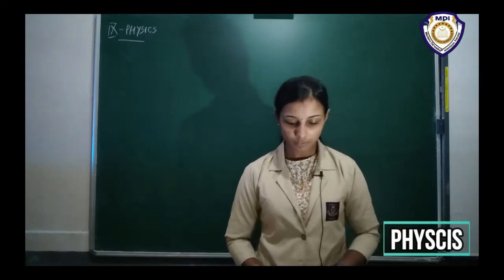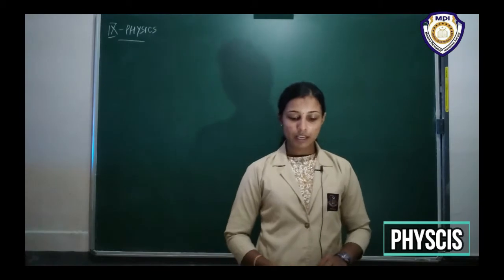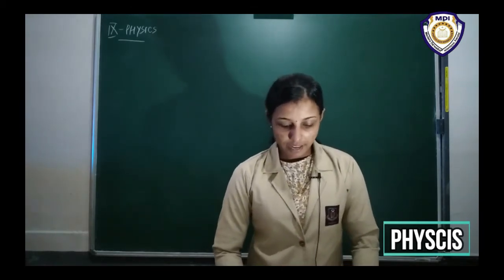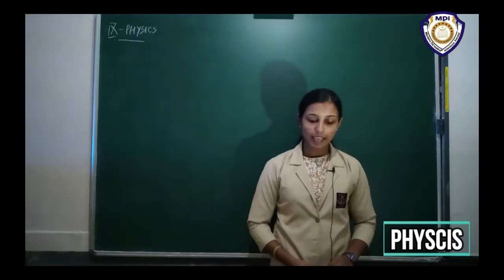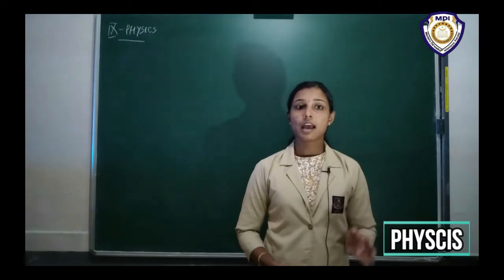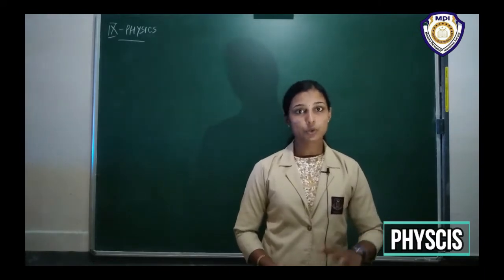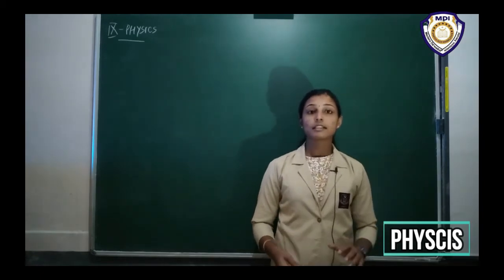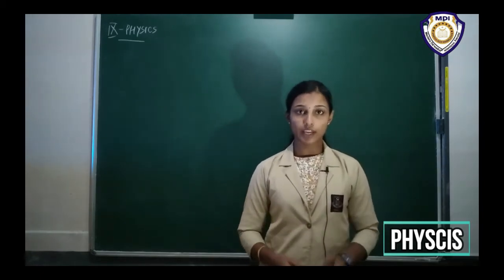Any change in velocity involves acceleration, and whenever an object falls towards the earth, an acceleration is involved. So this acceleration is known as what? The acceleration due to gravity.